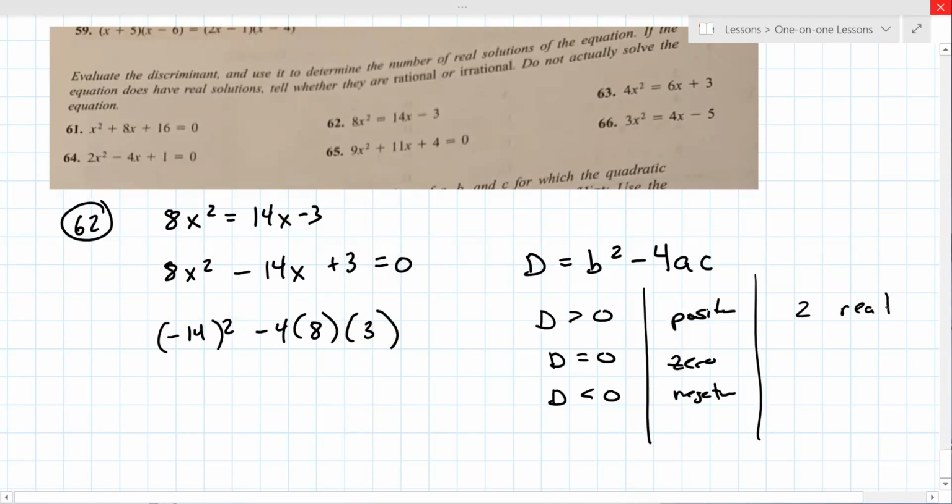Now, rational or irrational depends on whether the discriminant is a perfect square. Since it's 100, the square root of 100 is a perfect square, which means that it is rational. So if the discriminant is a perfect square, that's how you know whether it's rational or irrational.